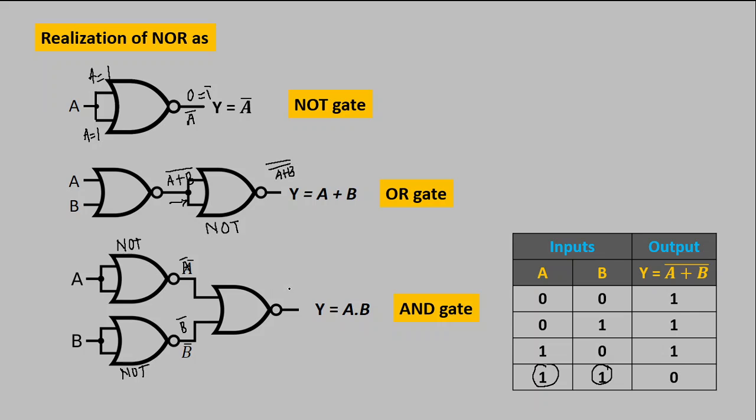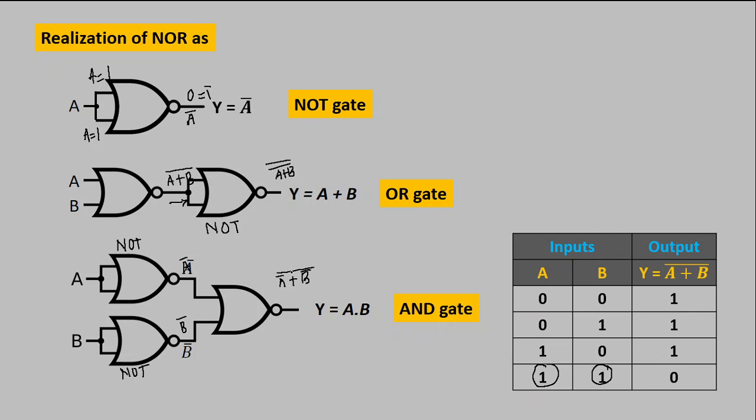Now how this has been created, you can see first of all, when the inputs are A and B, the output of NOR gate is A plus B and its complement. So if input is A complement and B complement, then output will obviously be the complement of A complement plus B complement, right?